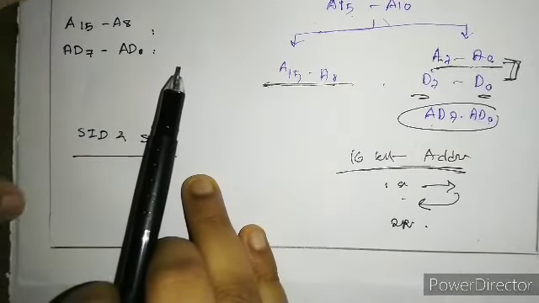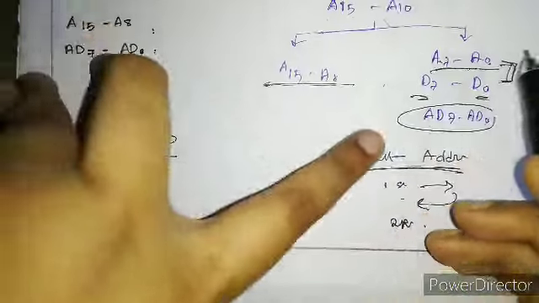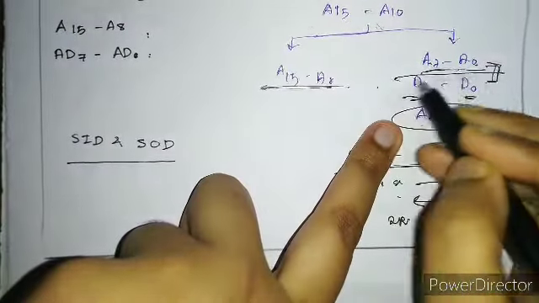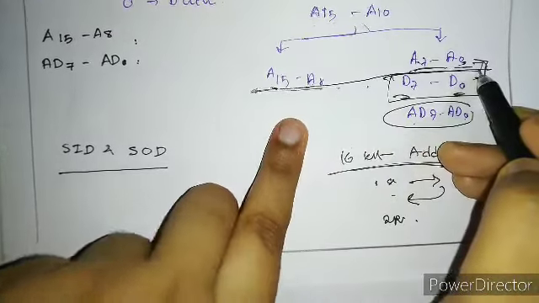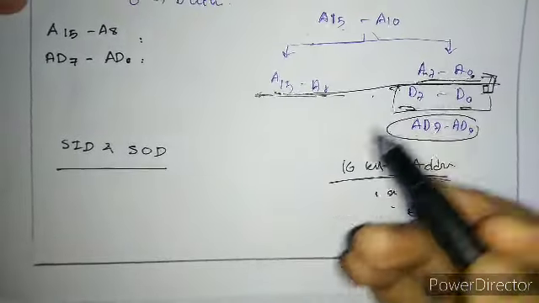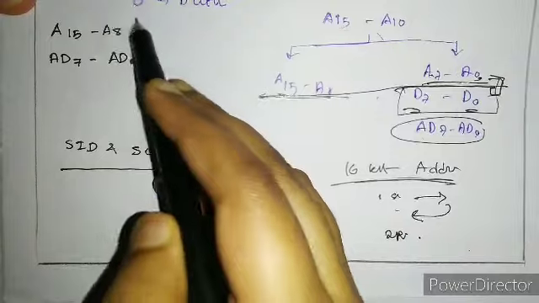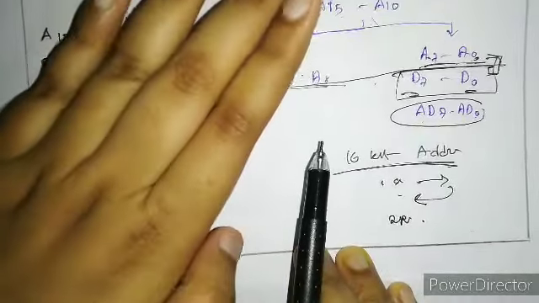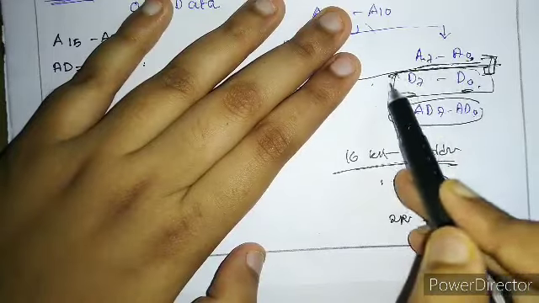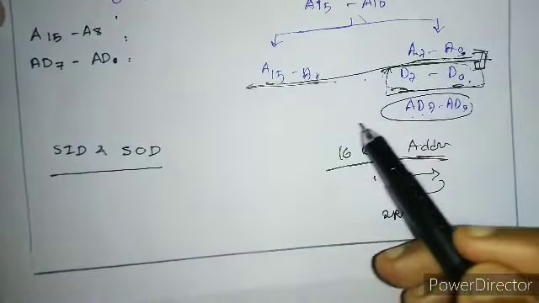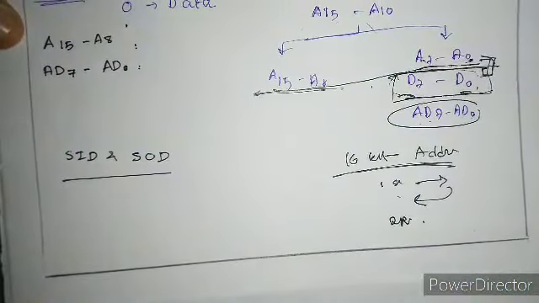When ALE goes to 1, this means that the data bus goes off, and AD0 to AD7 and A8 to A15 will carry only the address, pure address. When ALE goes to 0, the lower 8 bits become address-inactive, and are only used to carry data. Clear? This is why ALE is used.